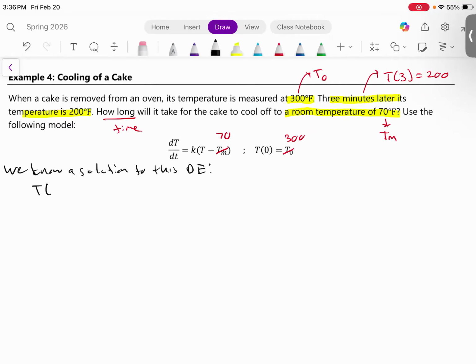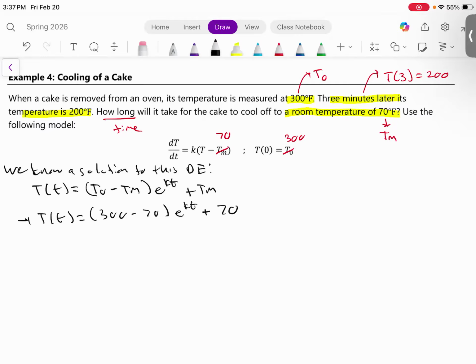From the previous example and video, we established that the solution is T sub naught minus T sub M times e to the kt plus T sub M. We know that's the solution to Newton's law of cooling and heating. But we can replace a couple things now. We know what some of these constants are. It's 300 minus 70 e to the kt plus 70.